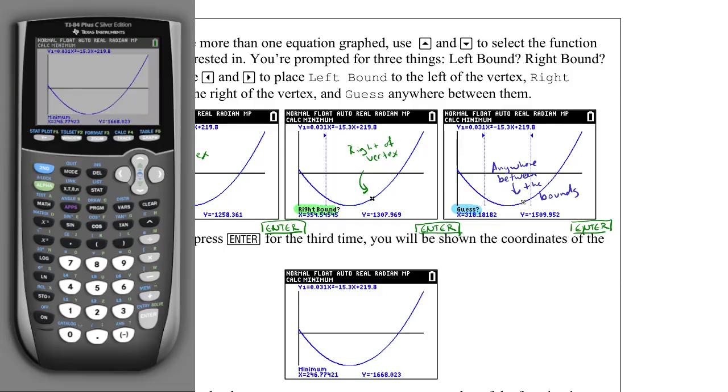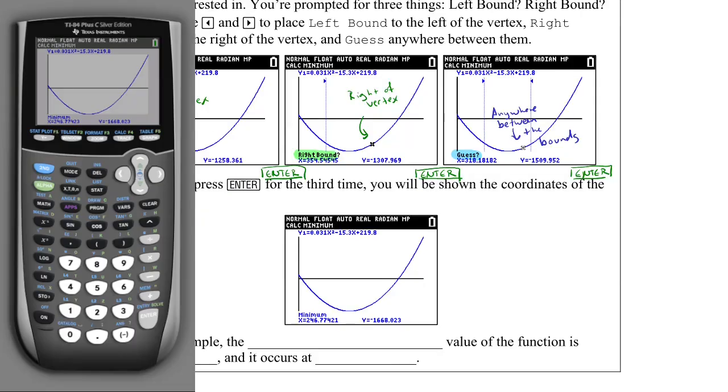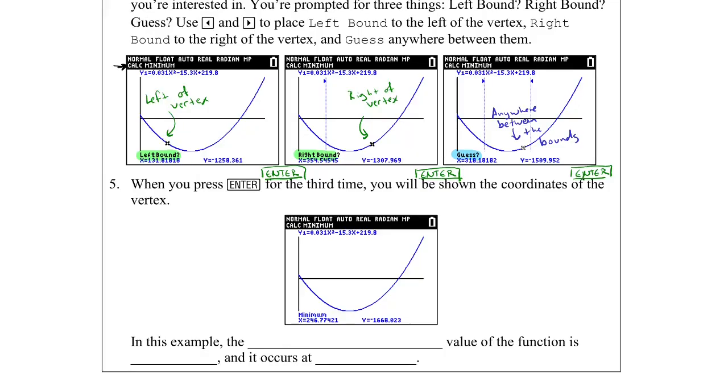Okay, and here's our result. So we can see it on the calculator screen. We can see the same thing in the screenshots. So in our example, the minimum value of the function, right? So the value of the function is the output. I'm just going to round that to like the nearest whole number, just to save space. The minimum value of the function is negative 1668.